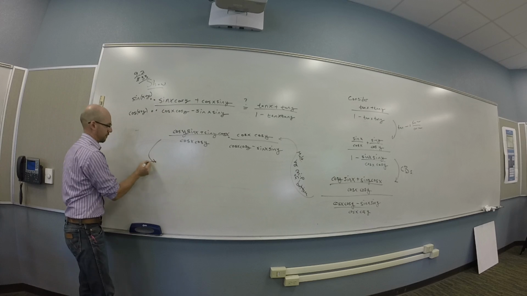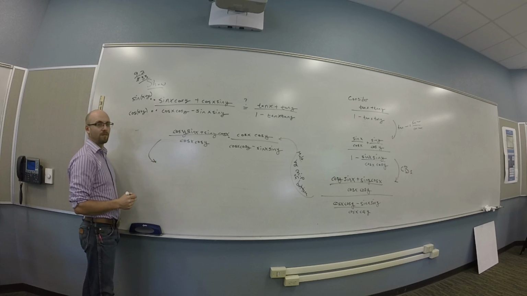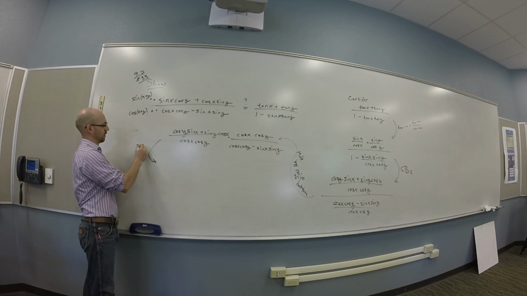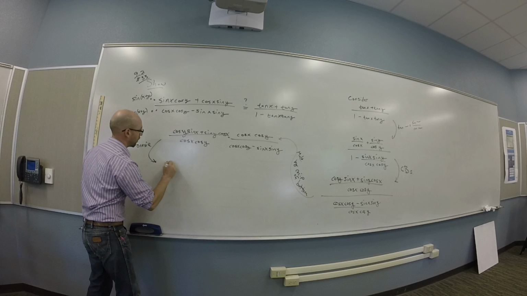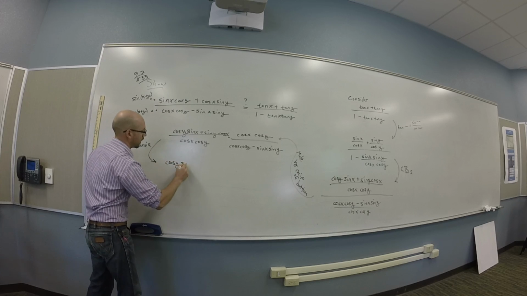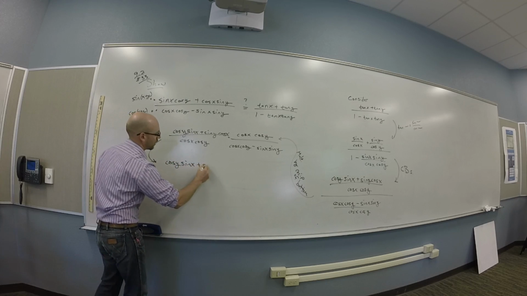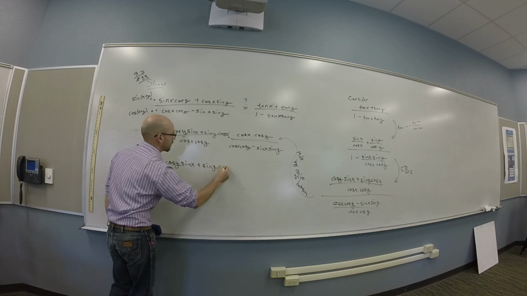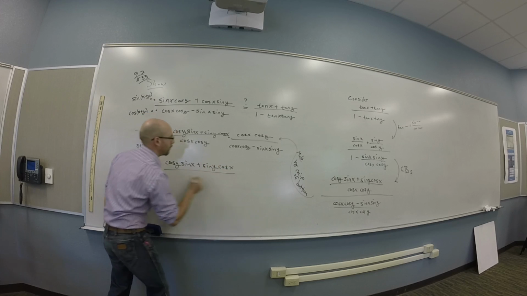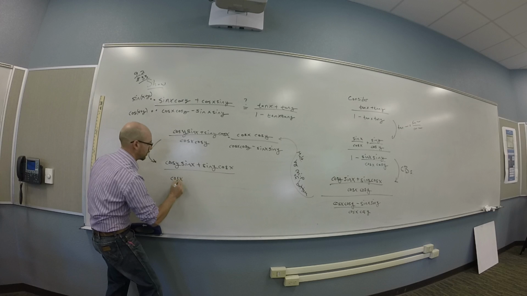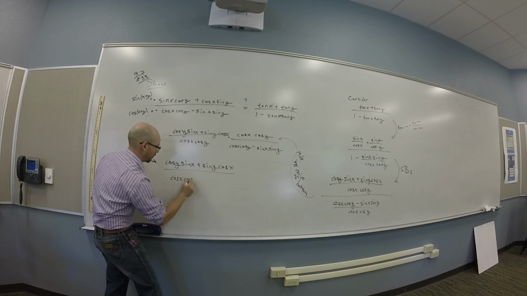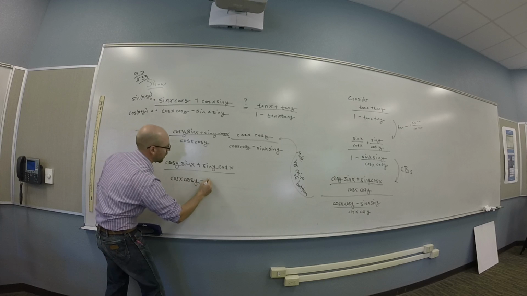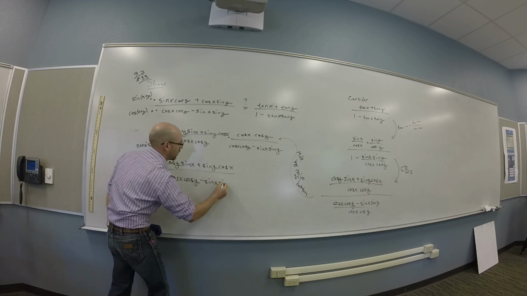Next step. Yeah, 1z, or simplify. So then we got cosine y sine x plus sine y cosine x all over cosine x cosine y minus sine x sine y.